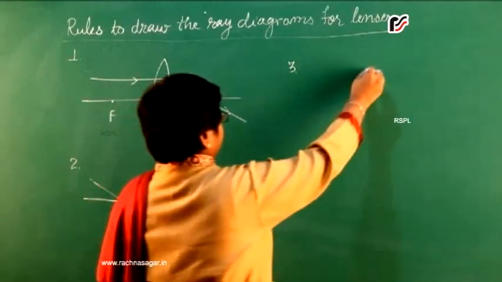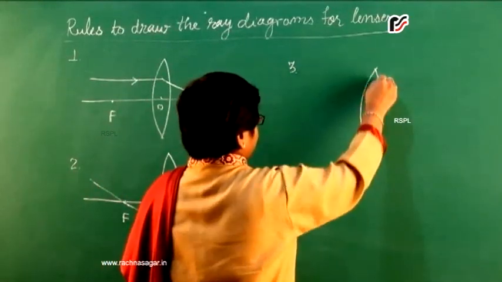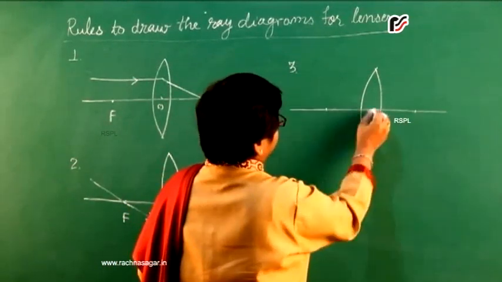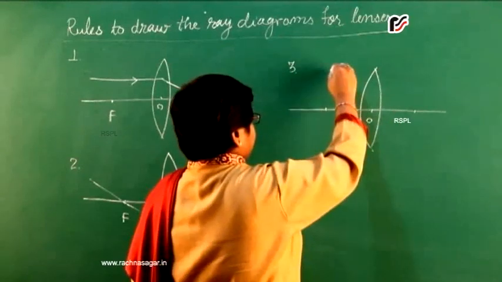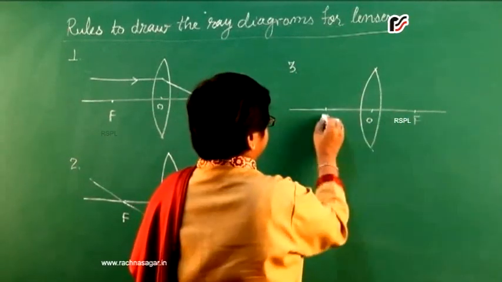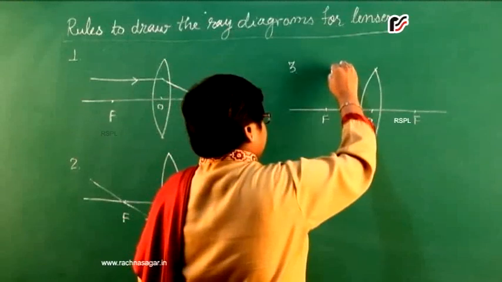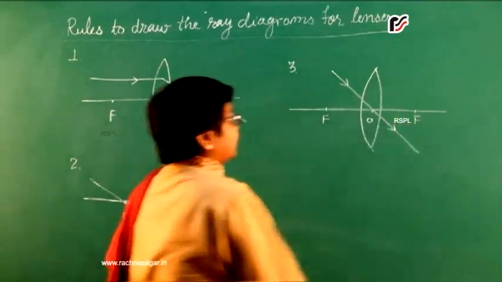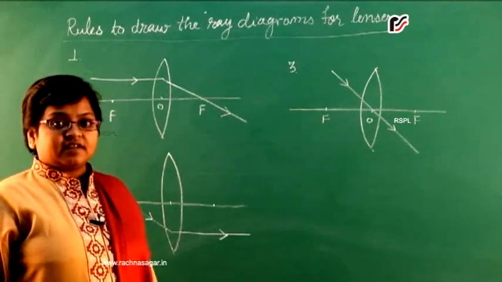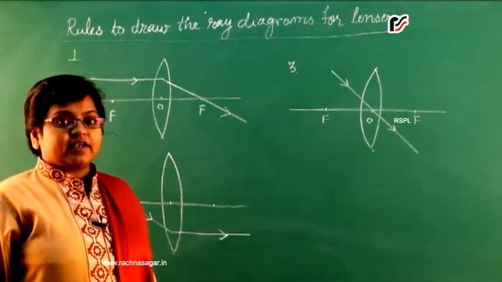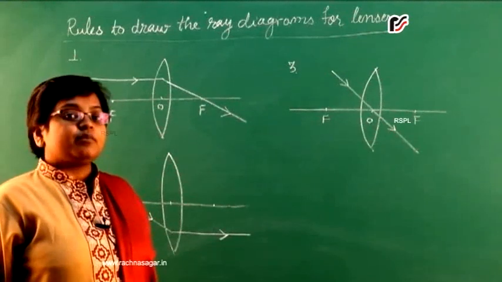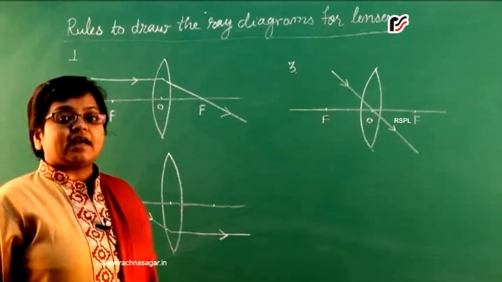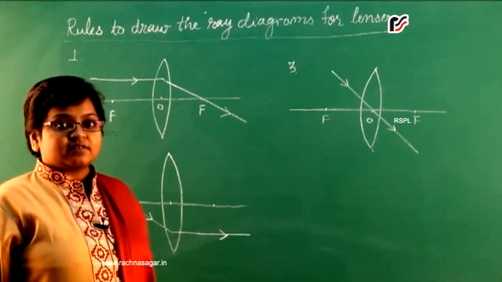Case 3: if a ray comes through the optical center, it goes undeviated after refraction in both of the lenses. So, these are the rules to draw ray diagrams with the help of lenses.